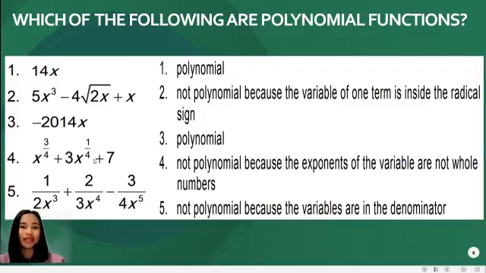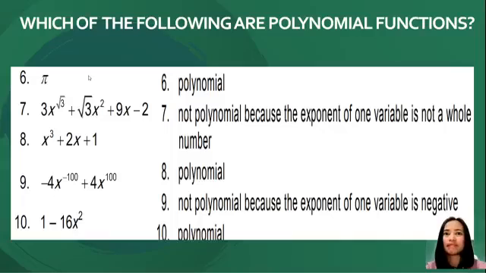It means that we have a negative exponent. We all know that a polynomial must have a variable with a positive exponent. That's why number 5 is not a polynomial, as well as whenever you see the variable in a denominator.